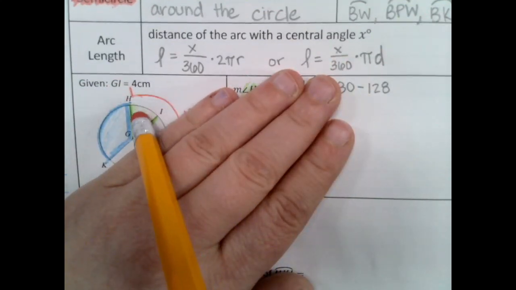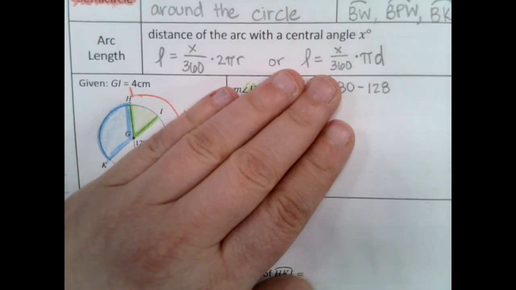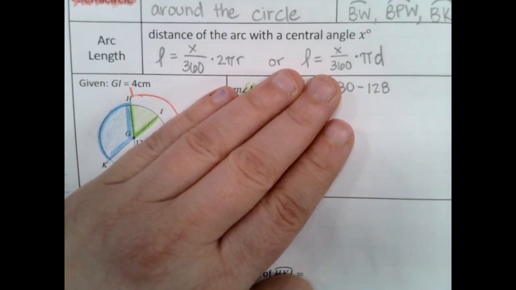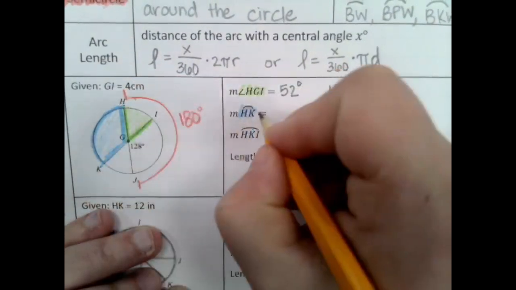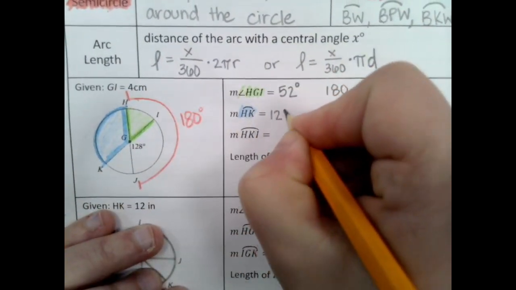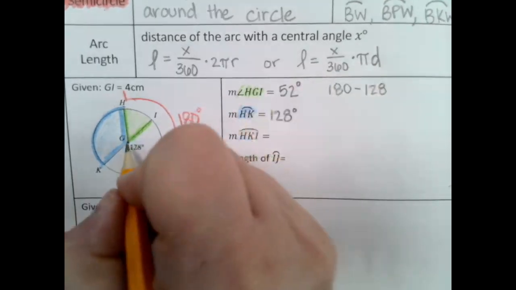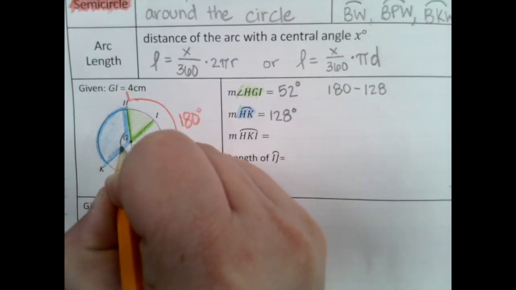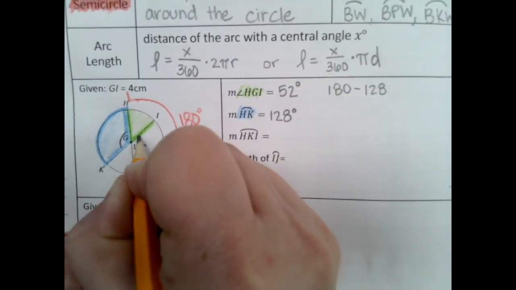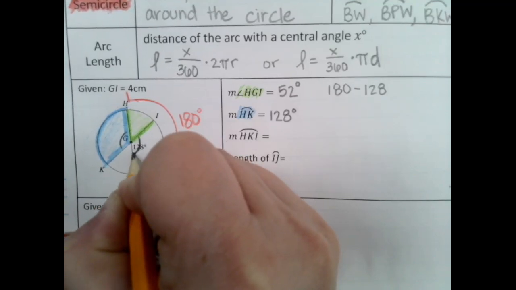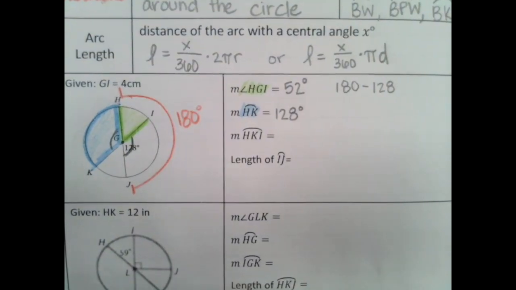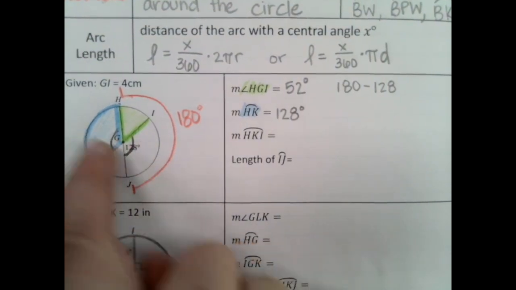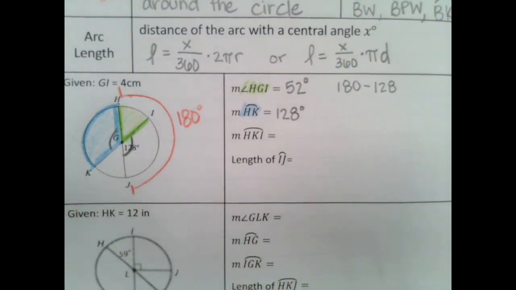And this part is 52, so how could I find that part? 180 minus 52, which will be 128. We also have these angles that are across from each other. Does anyone remember, what do we call angles across from each other? It's with a V. Vertical. Good. Vertical angles are congruent.